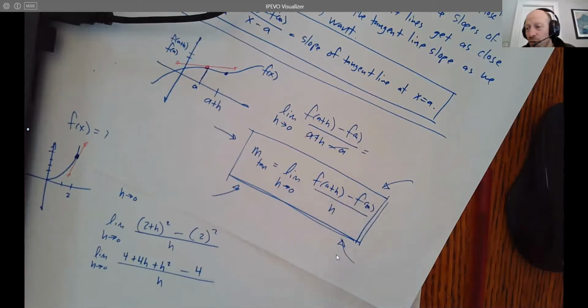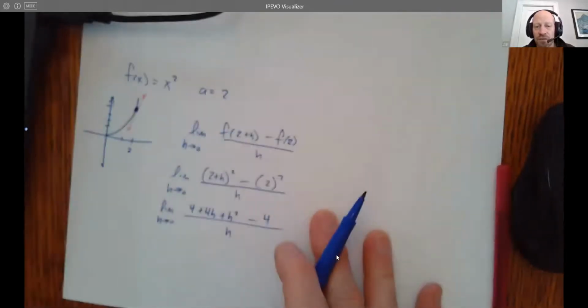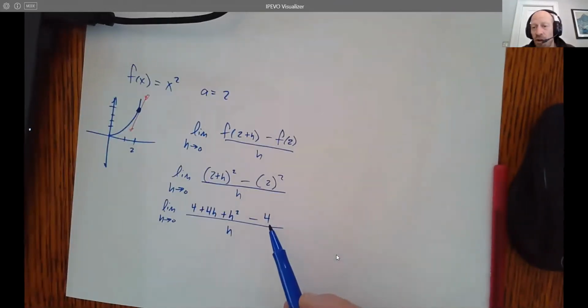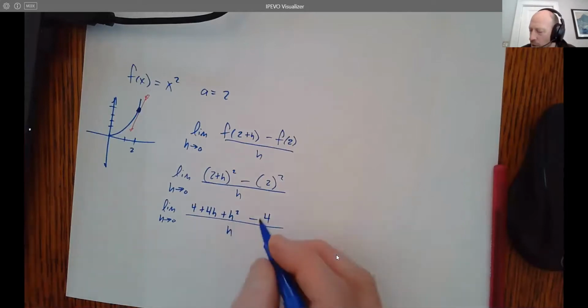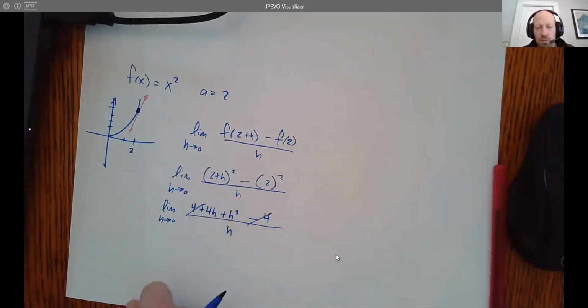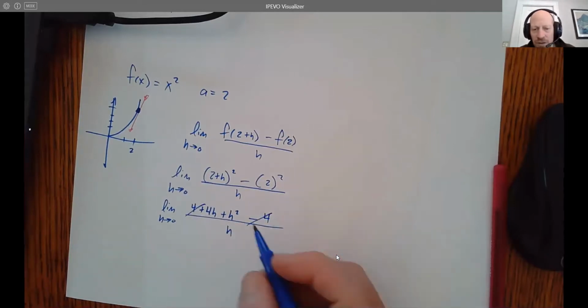You're going to get 0 over 0 automatically every time. So these limits are always going to be an indeterminate form. So you don't even bother plugging it in. You start right away with trying to simplify it and reduce it, which is what we do with indeterminate form problems. So notice the +4 and the -4 cancel.